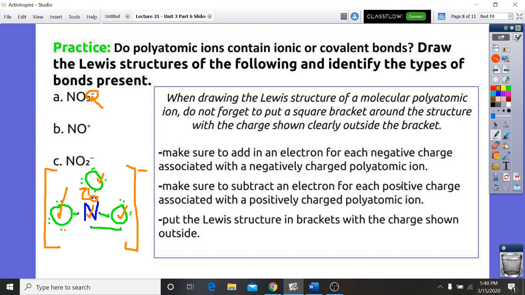If it is a positive charge, you are not adding an electron, you're taking one away, and we're going to practice that with letter B in a moment. And make sure at the very end that you've put the Lewis structure in brackets and you've written the charge on the outside. It is required, and the question is wrong if you answer it without brackets and without the charge on the outside. So let's move on to NO+.